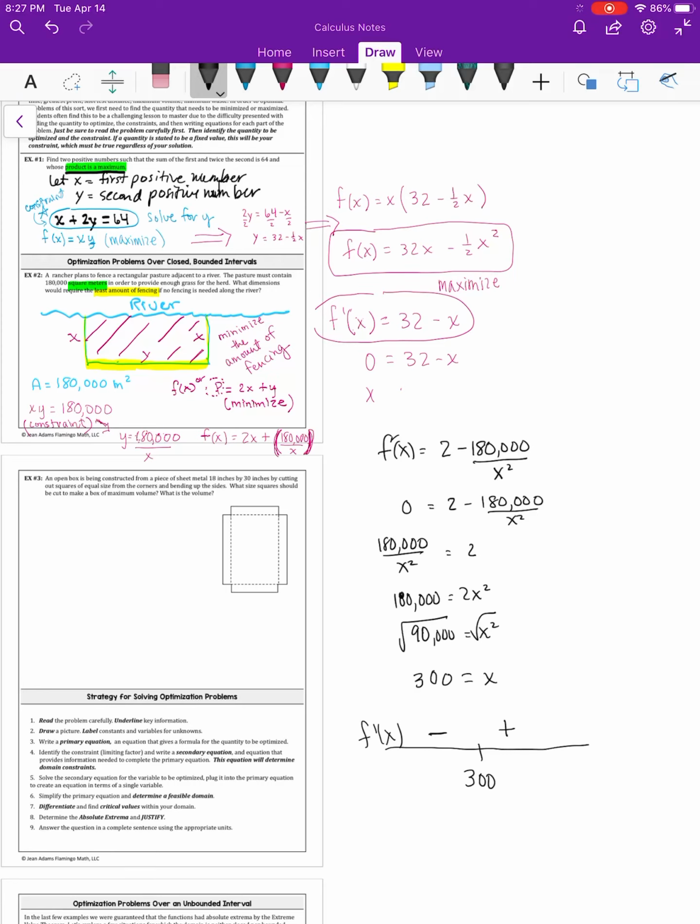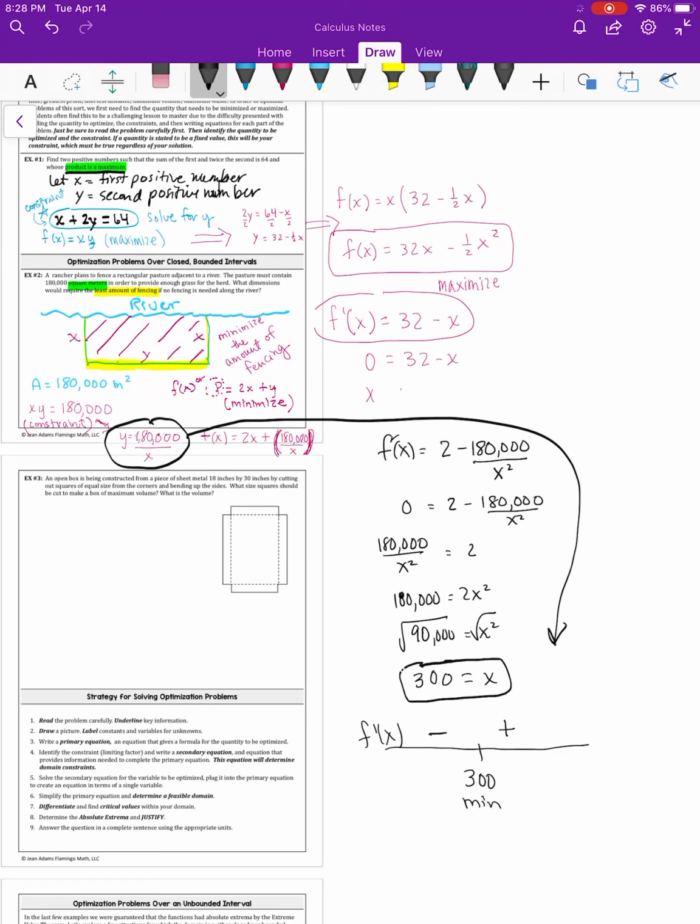Then if I put 400 into that same equation, I get a positive value. So I have just made sure that that was a minimum.